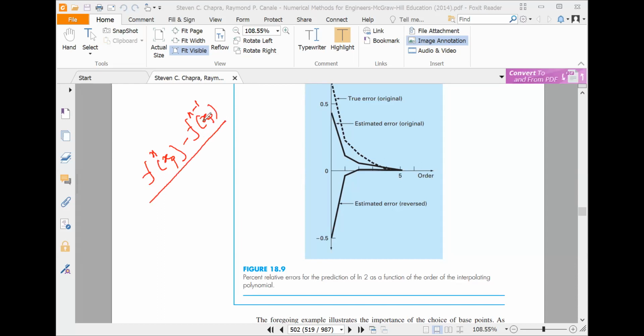If this difference is 0, that means your prediction is not improving even after increasing the polynomial order, so you can stop your calculation. But that will not be the case in most scenarios. What you can do is take the absolute value of the difference divided by xp, and multiply it by 100. That is your absolute percentage of approximate error.